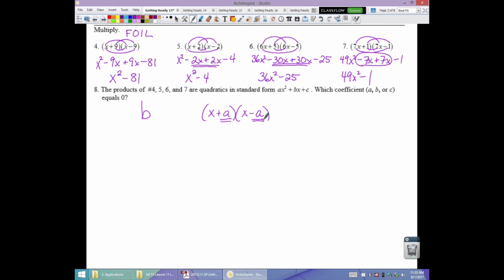And when you have 2 binomials in this form, it always results in what we call the difference of 2 squares. Difference because it's a subtraction problem, and 2 because it's a binomial. Squares because each of the terms is a square, a perfect square.